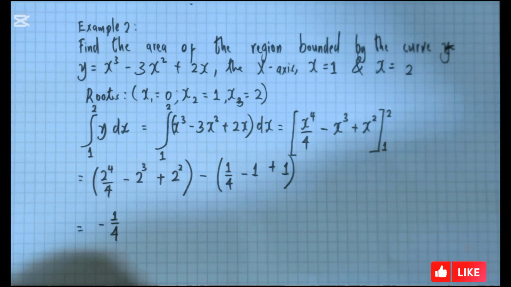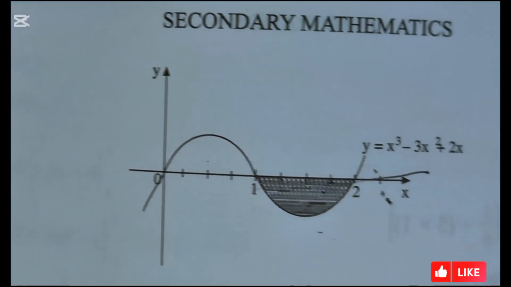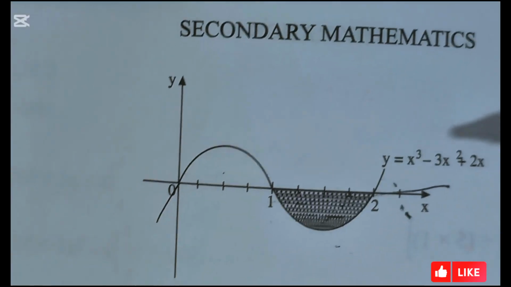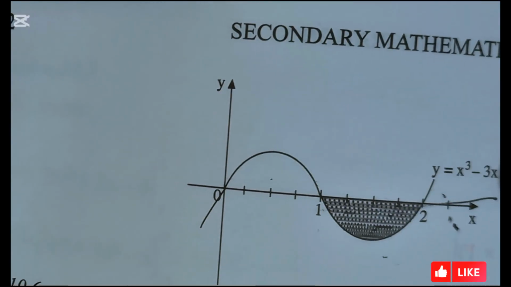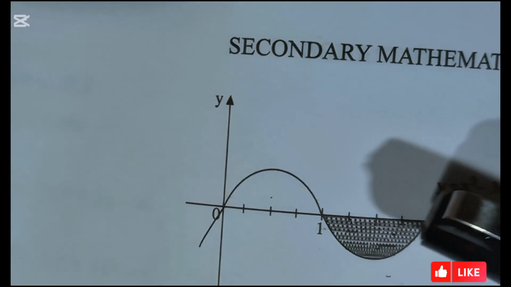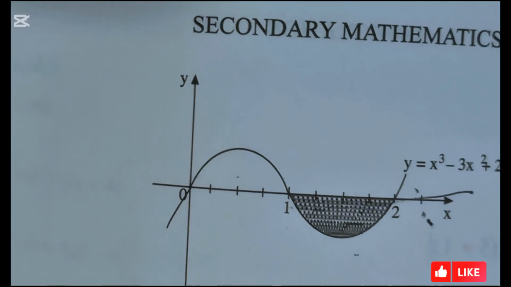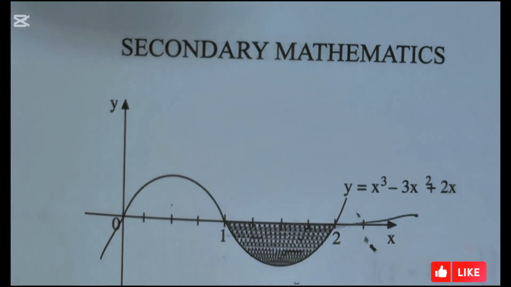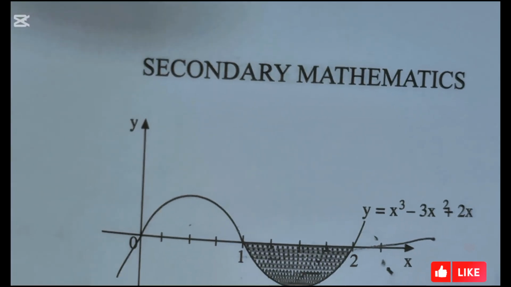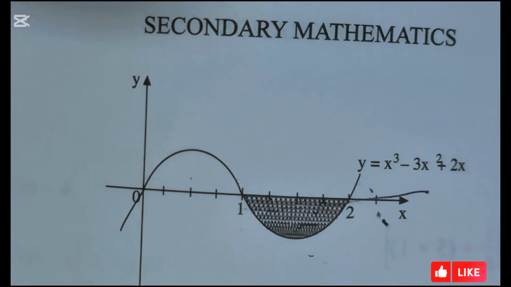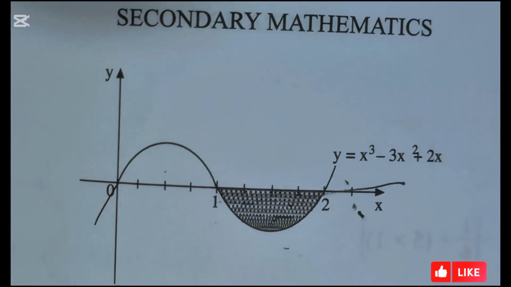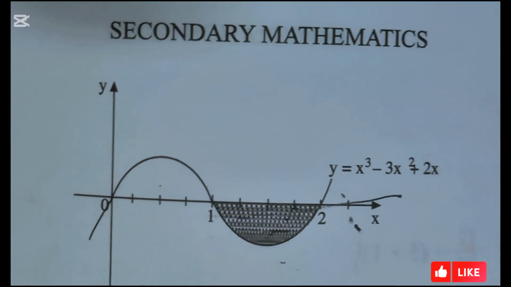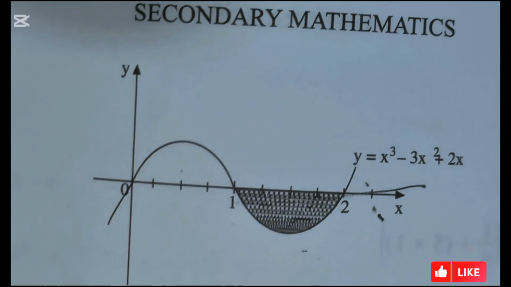Let me just show you that in the diagram. This means that this shaded region is below the x-axis, and you can see clearly our x-axis and the shaded region is actually below it. So the negative sign should not be of any worry to you. We are just going to take the absolute value of negative a quarter, which is a quarter.